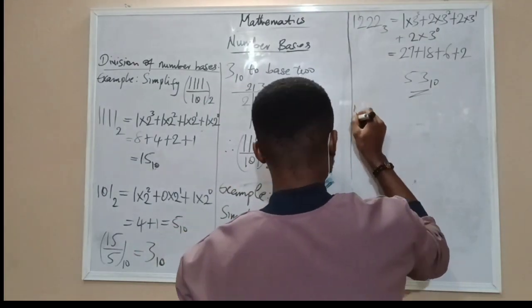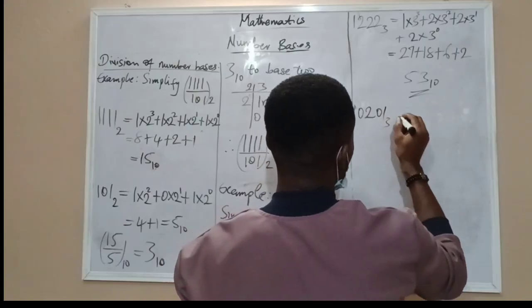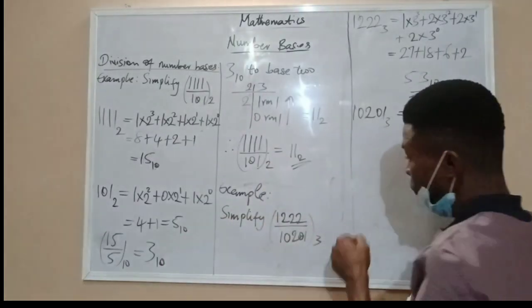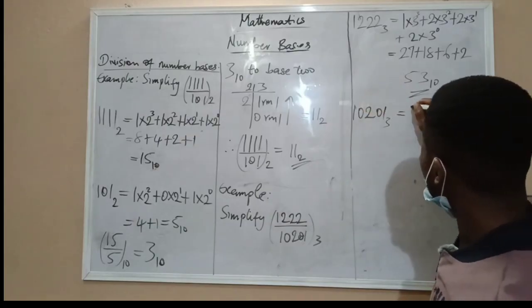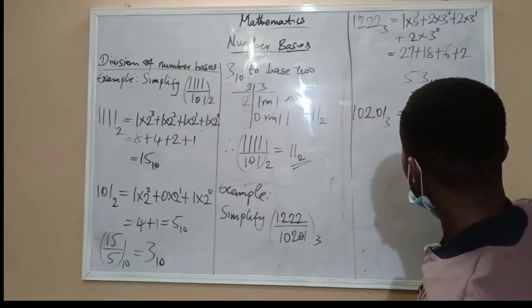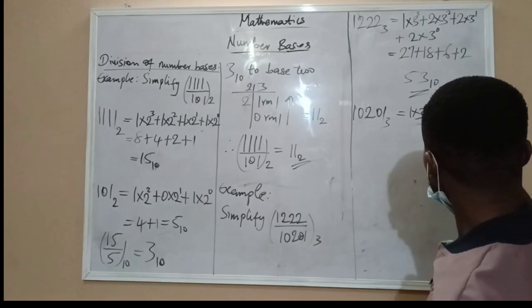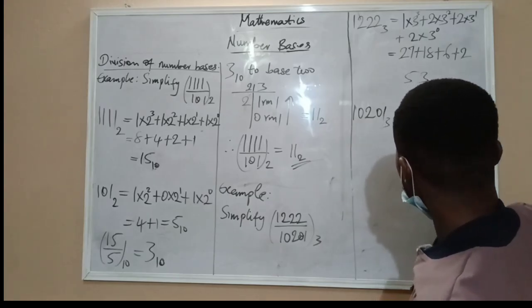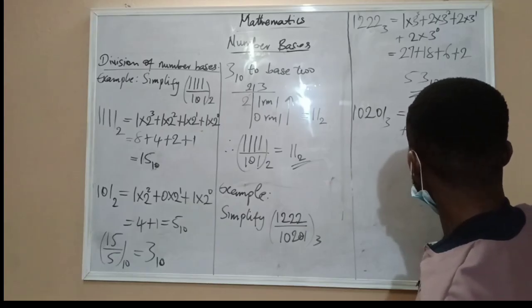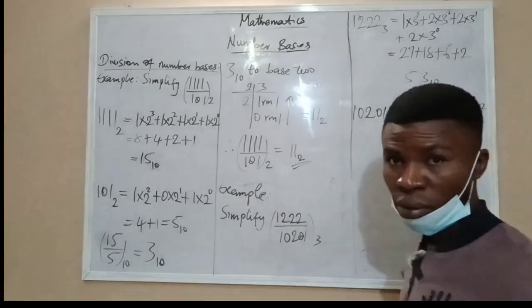The denominator says 10201 in base 3, and we're converting to base 10. 0, 1, 2, 3, 4. This is 1 times 3 raised to the power 4 plus 0 times 3 raised to the power 3 plus 2 times 3 raised to the power 2 plus 0 times 3 raised to the power 1 plus 1 times 3 raised to the power 0.